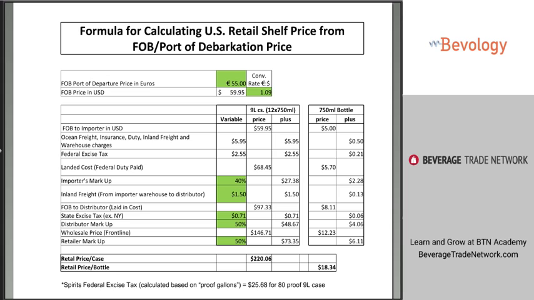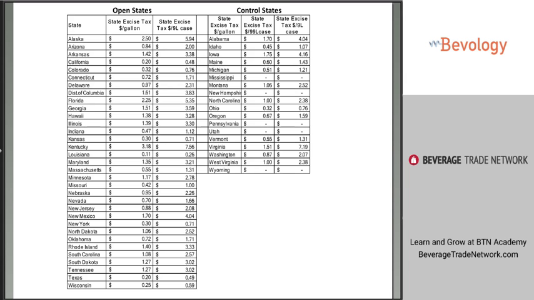Then you add state excise tax, and that's going to vary a lot too. As an example, I'm giving you on this chart excise tax rates for individual states for wine.